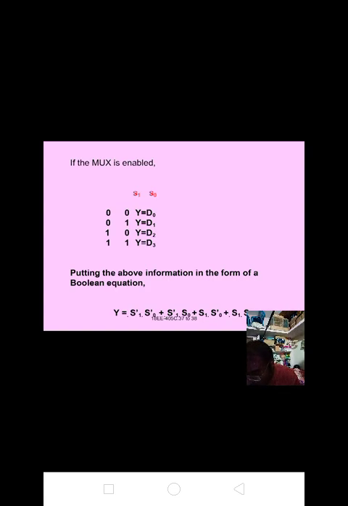I will give you the total expression for the data output y also, that is y equal to D0 S0 bar S1 bar S2 bar plus D1 S0 S1 bar S2 bar plus D2 S0 bar S1 S2 bar plus D3 S0 S1 S2 bar plus D4 S0 bar S1 bar S2 and so on up to D7 S0 S1 S2.